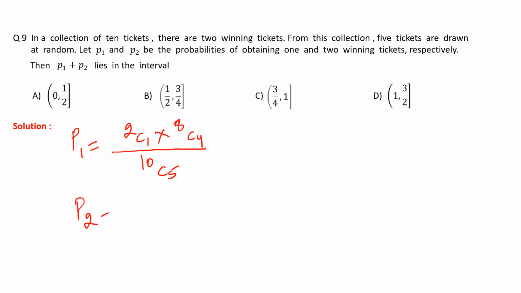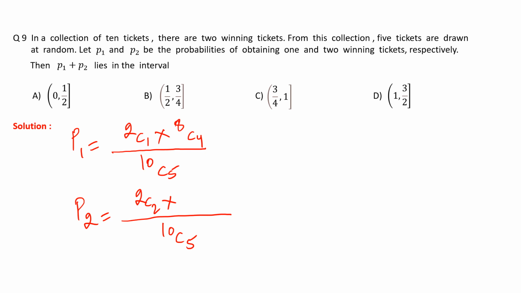Similarly, we can find the value of P2. Exhaustive number of cases in P2 will be same. It is again 10C5. And in the numerator, I can write 2C2, because this time I am drawing 2 winning tickets from the given 2 winning tickets. That means both of them we have to draw.